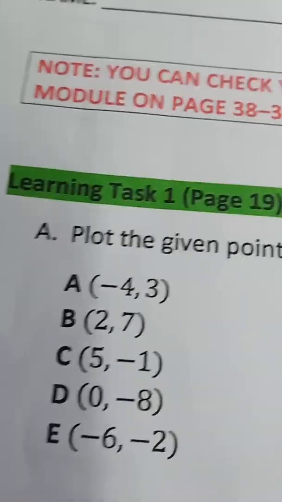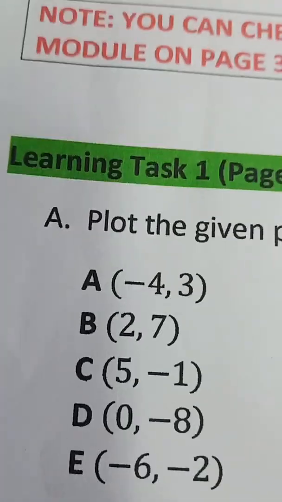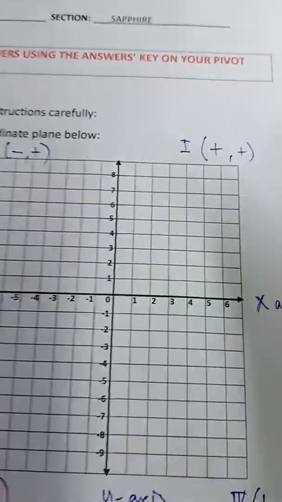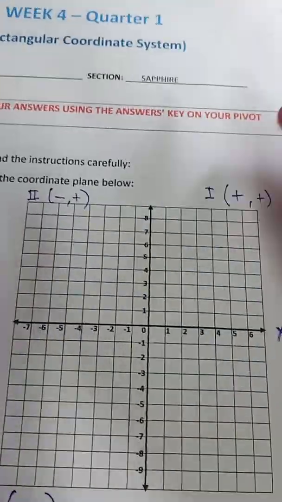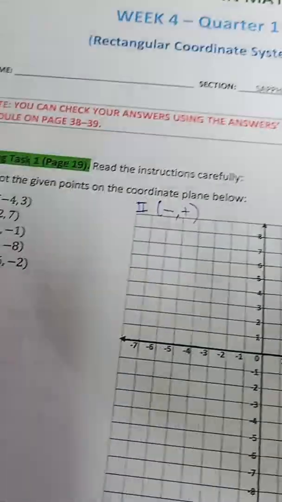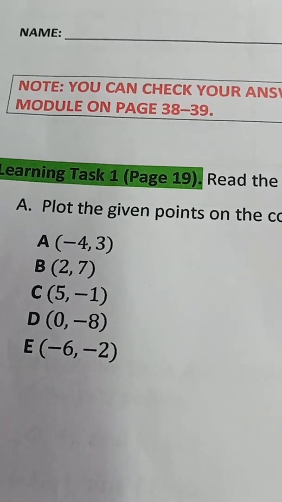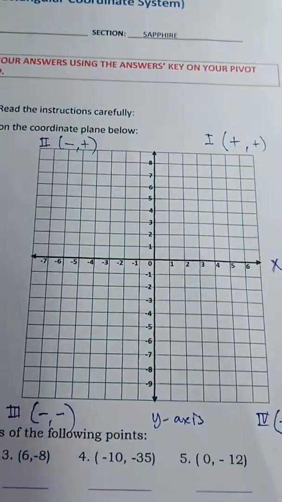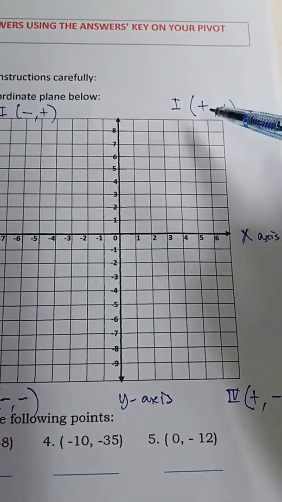Okay, so let's see. Yung given yung letter A is -4 and +3. So of course, if you want to find out where that point is, we will start from the sign. Or maybe, there are two options actually, class. Kung titingnan mo dito sa illustration, meron dyan mga sign.